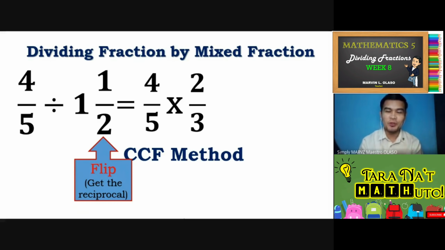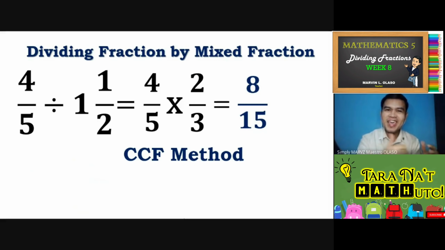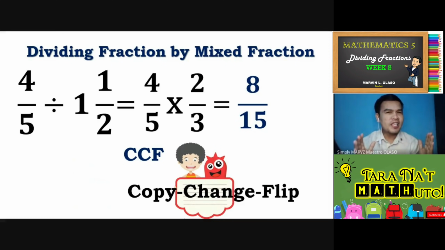Then multiply. 4 times 2, 8. 5 times 3, 15. So we have 8/15 or 8 over 15. Is that already in lowest term? Yes, you are correct. So, what method? CCF means copy, change, and flip.